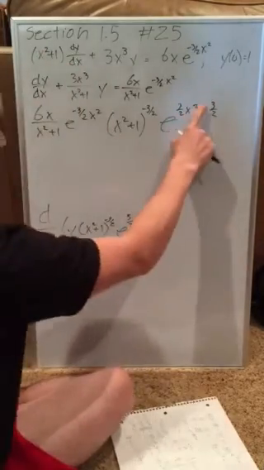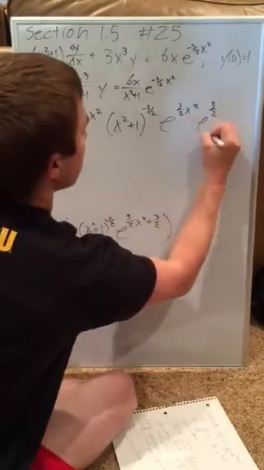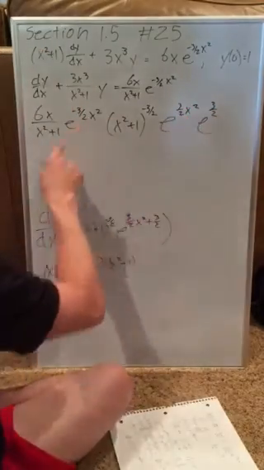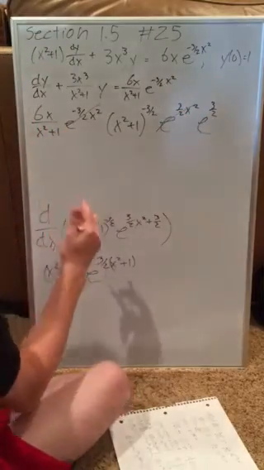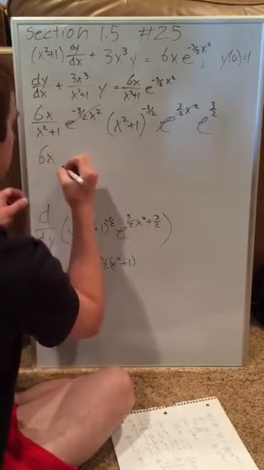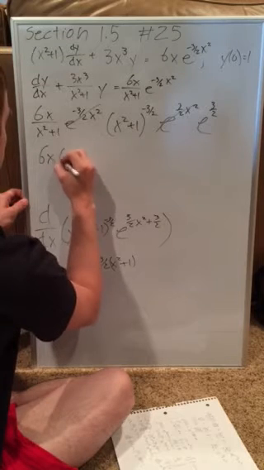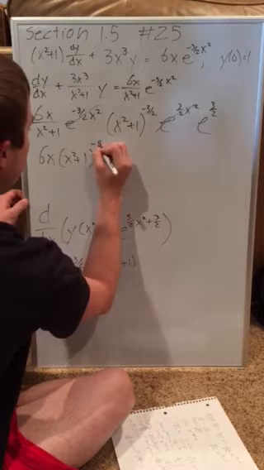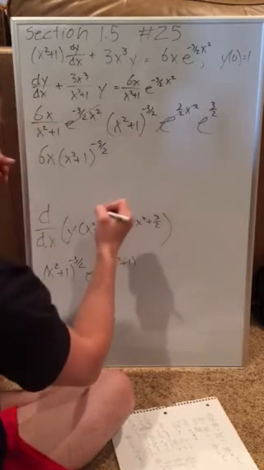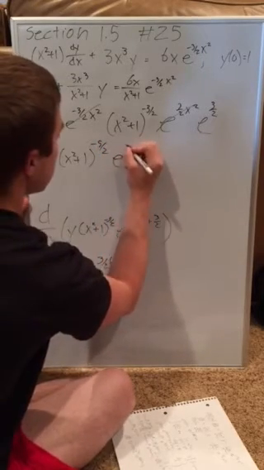So we can actually eliminate this now. We have this, these eliminate. We can combine these like we did on the other one. So this is going to be 6x times x squared plus 1 to the negative 5 over 2 e to the 3 over 2.